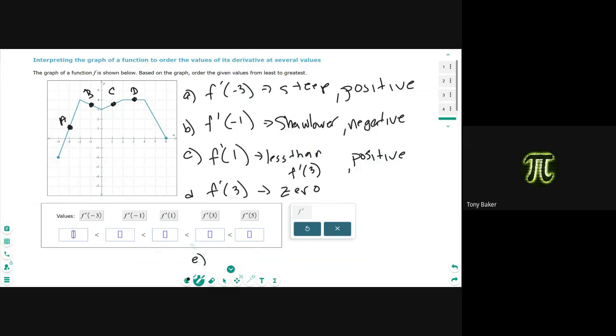And the last one, f prime of 5. So that's this one right here. What about this one?